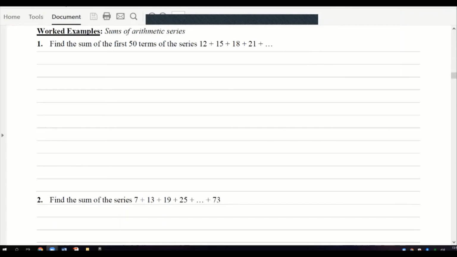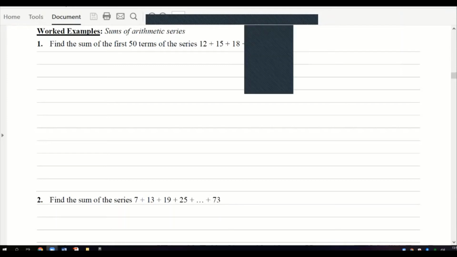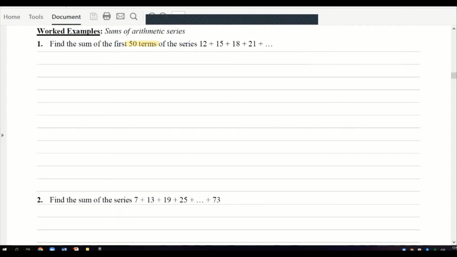So this is a variety of questions, things you might be confronted with about summing arithmetic series. So worked example 1, find the sum of the first 50 terms of the series that's given to us here. First of all, let's just write down the formula again that we've just derived.